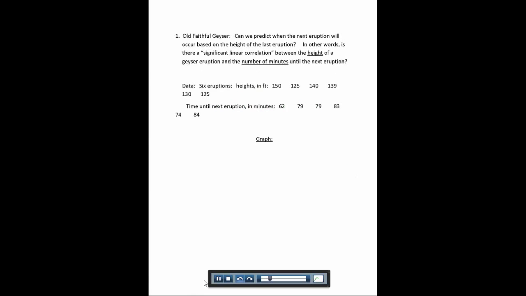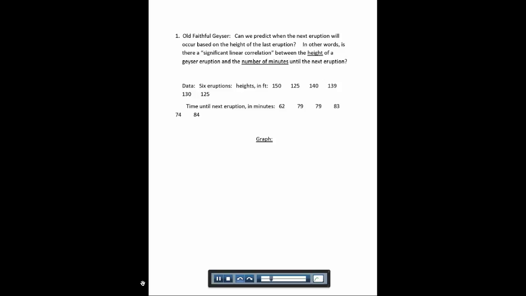Okay, so our first problem says that we're looking at the Old Faithful geyser. Can we predict when the next eruption will occur based on the height of the last eruption? In other words, is there significant linear correlation between the height of an eruption and the number of minutes until the next eruption?